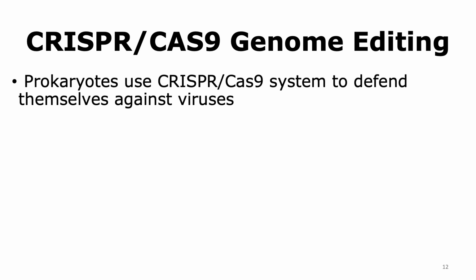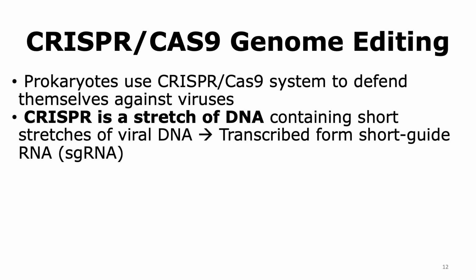One way in which we can test gene function is by using the CRISPR-Cas9 system. Now, just to give an introduction, prokaryotes use the CRISPR system to defend themselves against viruses. CRISPR is a stretch of DNA that contains short stretches of viral DNA that, when transcribed, form short guide RNA, or sgRNA.